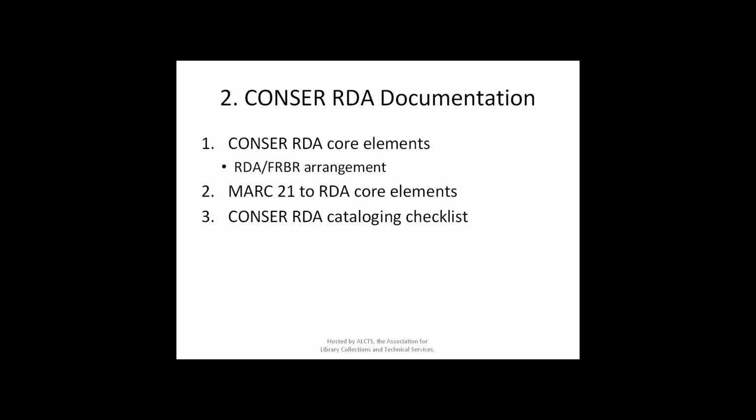Certainly the organization by RDA instruction is very helpful in getting the cataloger really familiar with where to look in RDA, and that's probably the emphasis, a very important thing. But the MARC 21 tool for now is maybe a helpful tool for some people.